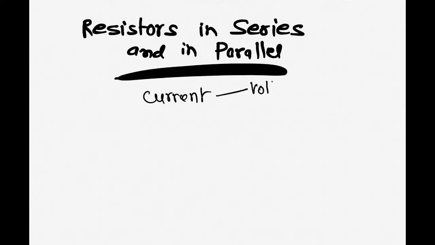One is the voltage of the energy source, and the second is the equivalent resistance of the combination of resistors in that circuit. Now this equivalent resistance again depends on two parameters.